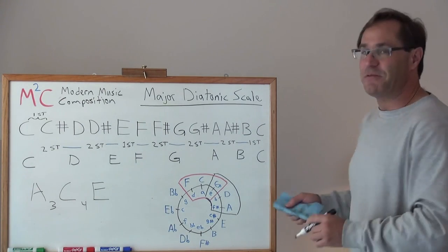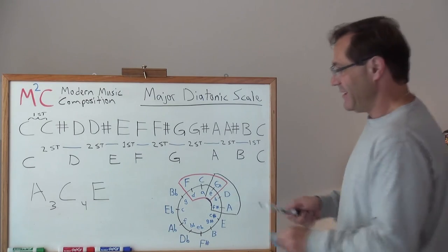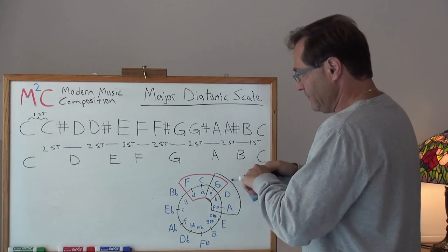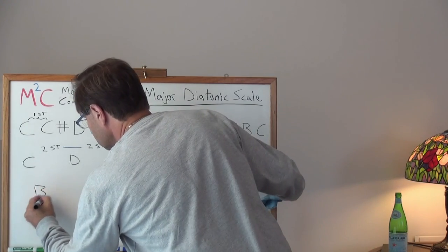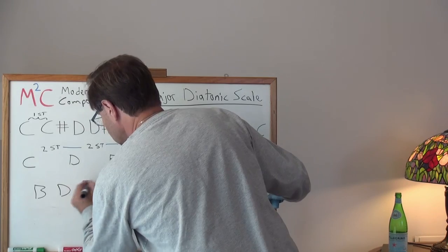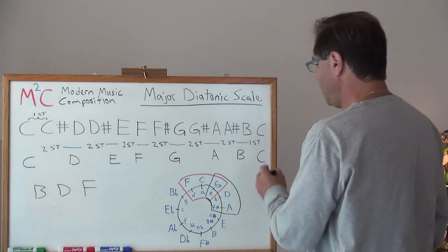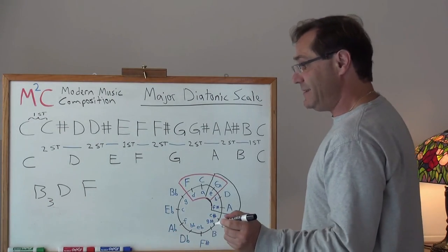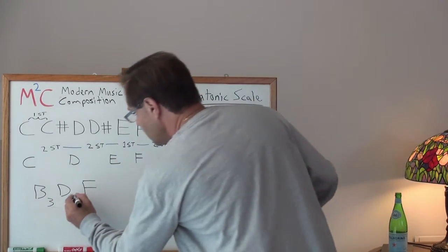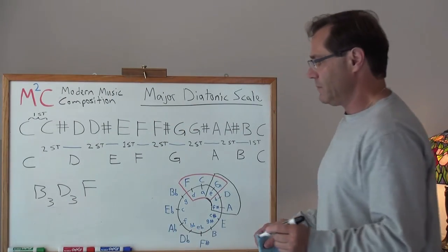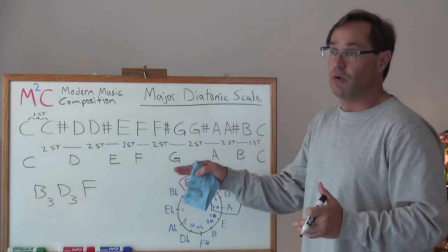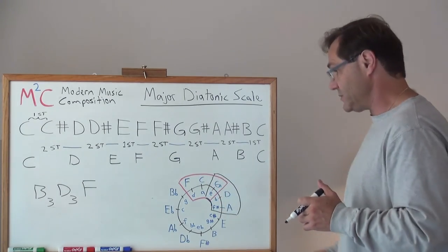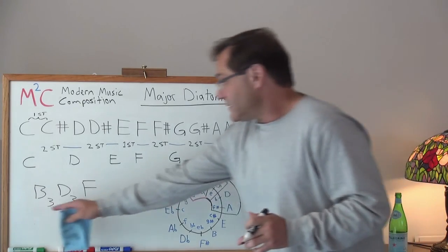Well, I kind of forgot B. Let's do B. Well, between B and D, I have 3 semitones, and between D and F, I also have 3. Well, that's actually kind of really cool. It's cool for atonality, but not necessarily for tonal music. That creates a diminished chord.